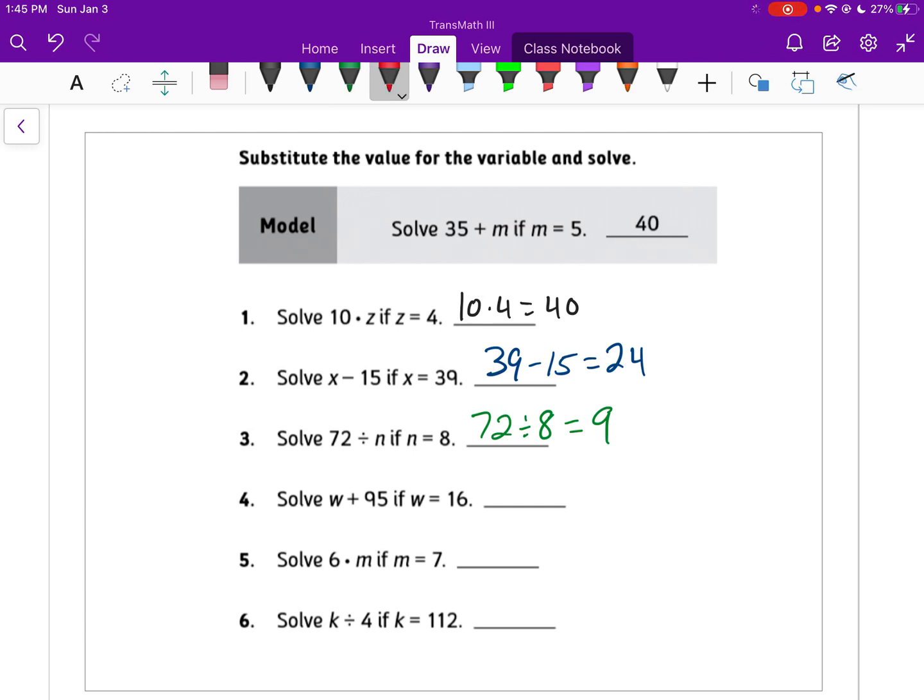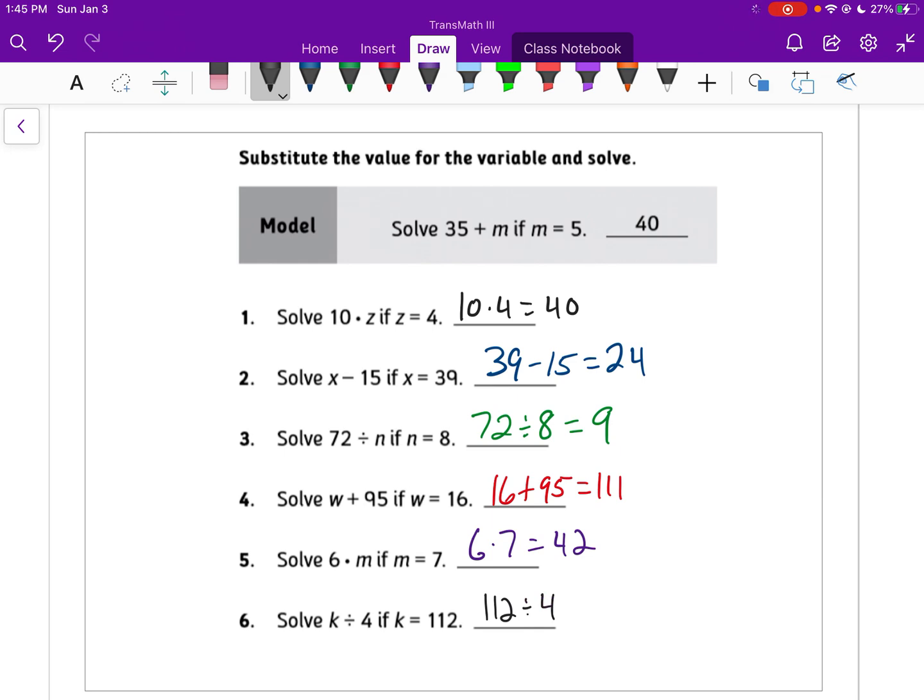Number 4, w plus 95, where w is 16, so that's saying 16 plus 95, which will give us 111. Then for number 5, 6 times m, where m is 7, that's saying 6 times 7, which is 42. And finally, number 6, you have 112 divided by 4.